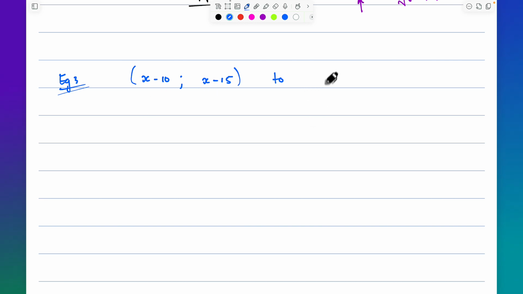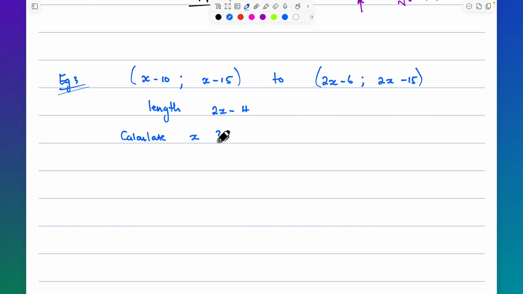And then the second coordinate is going to be 2x minus 6 and 2x minus 15. You're also told in this question that the length of the line between these 2 points is 2x minus 4. So you need to calculate the x value.